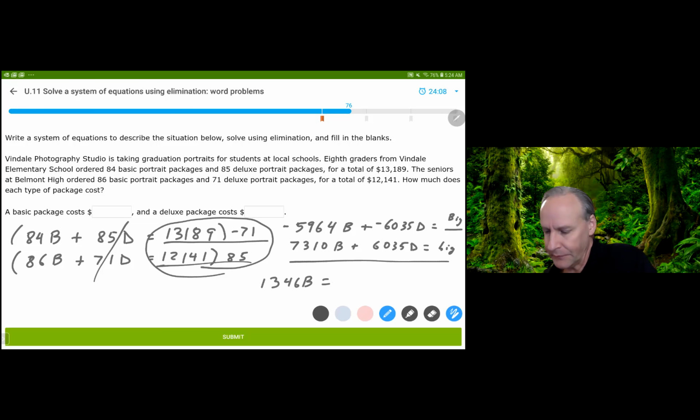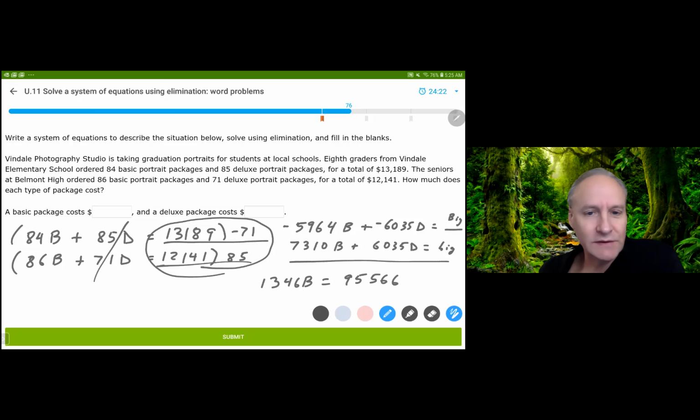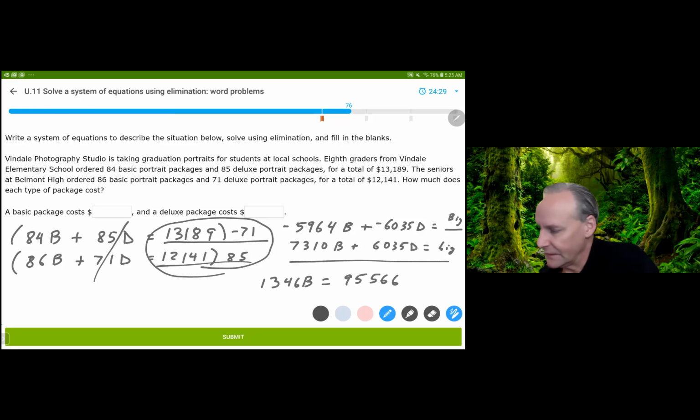It's really ugly. Minus the 71 times the other number, and I get 95,566, and we just have to do the division. 1346. We get 71. So there are 71 basic packages.